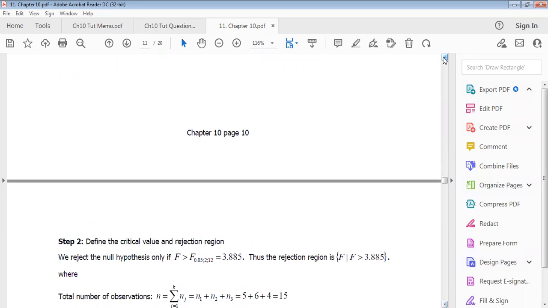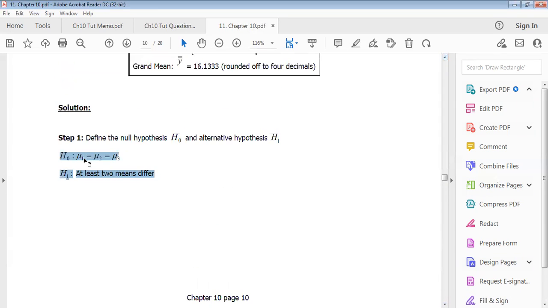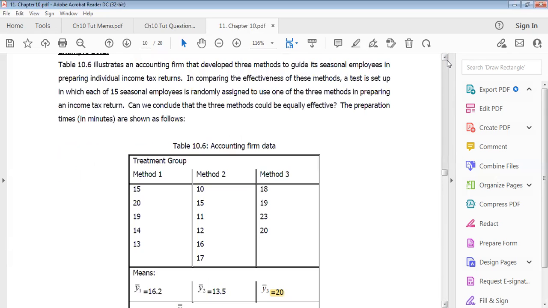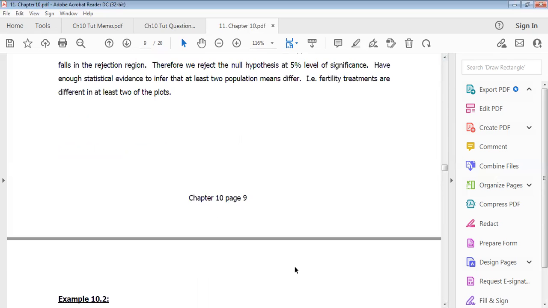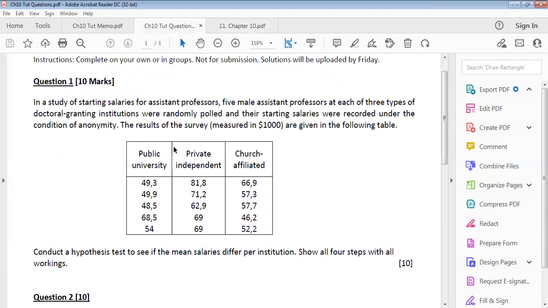So you say that your null is that all the values are equal, or at least two differ, because our question here is to test the hypothesis to see if the mean salary differs. So the null hypothesis will be that they are equal.